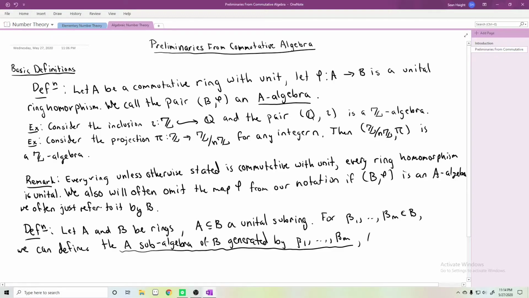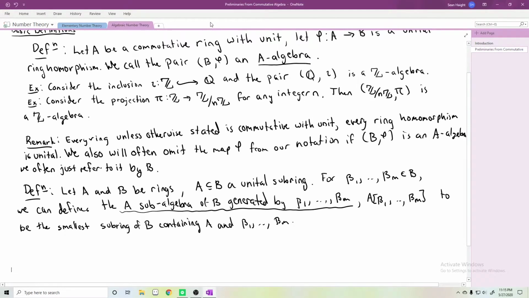We denote this by A adjoin beta 1 through beta m, to be the smallest subring of B containing A and beta 1 through beta m.